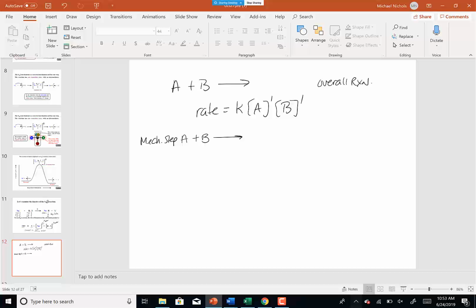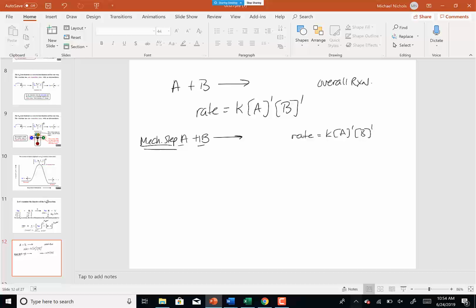And if we do that, for a mechanistic step, not an overall reaction, I can write the rate of that mechanistic step using the coefficients.